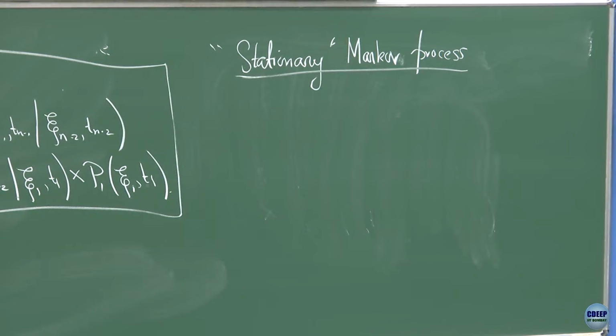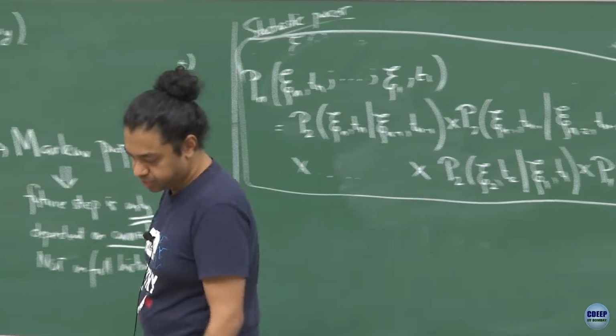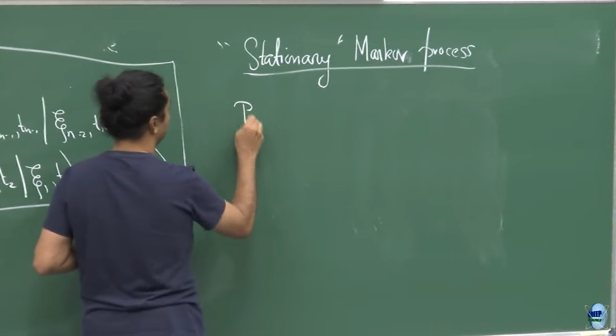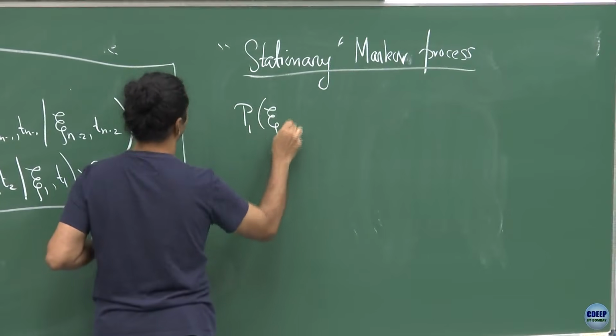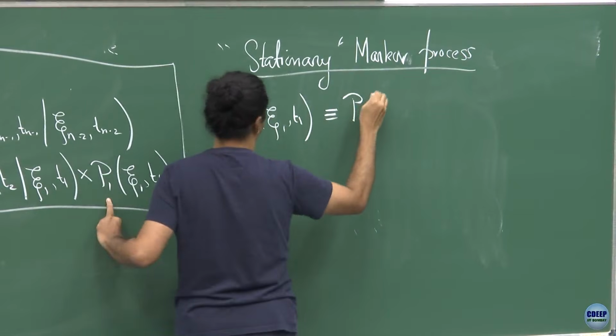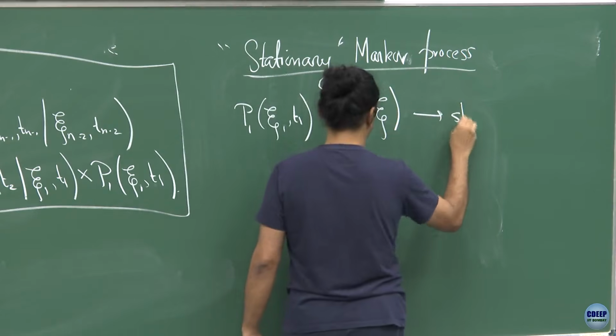Stationary means that essentially your properties do not depend on time, right, which means that this P1 of xi 1 comma T1 I can write as some P of xi, which is my stationary density.